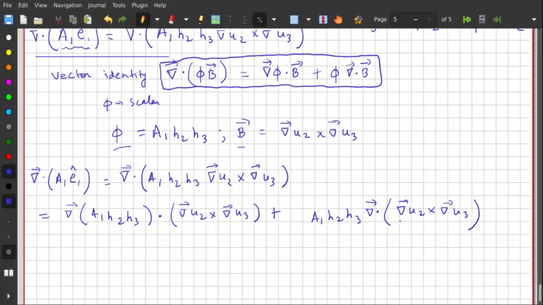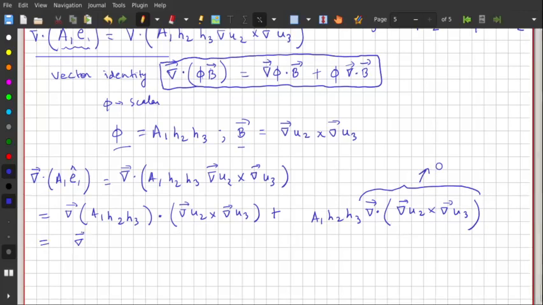Now, realizing what this can be, it is like the divergence of curl of something. It's not strictly like that, but we can think about it in this direction, and we can show that this will be equal to 0.